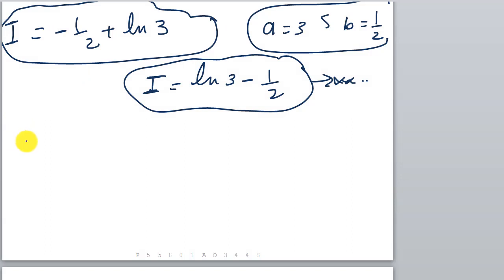So again, this is part C. The volume is equal to integration from 0 to 2 ln 9 of pi y squared dx.